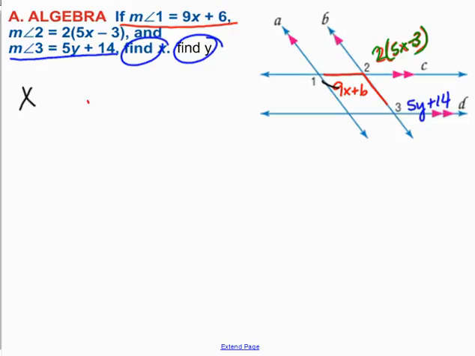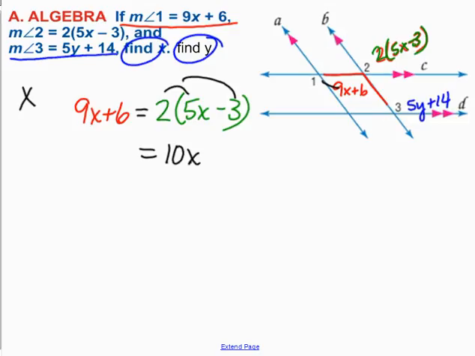So I'm going to take 9x plus 6, and I'm going to equal it to 2 times the quantity of 5x minus 3. And now it's a matter of math. Okay, so let's distribute. We have 10x minus 6, and on this side we still have 9x plus 6.